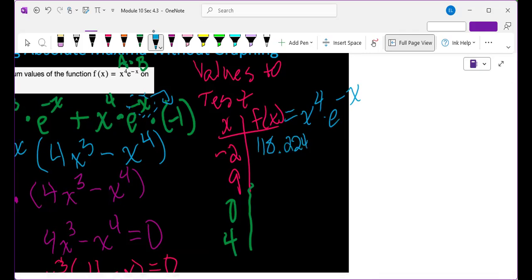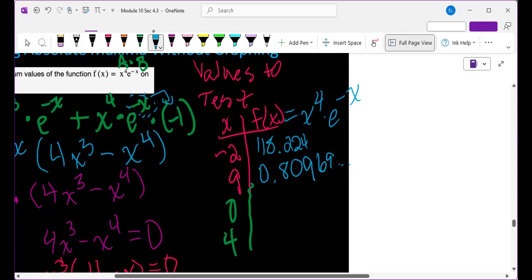All right, now our 9. 9 to the 4th power, good lord, times e to the -9. And that e is pretty powerful because this went from 6,000 something to 0.80969, blah, blah, blah.